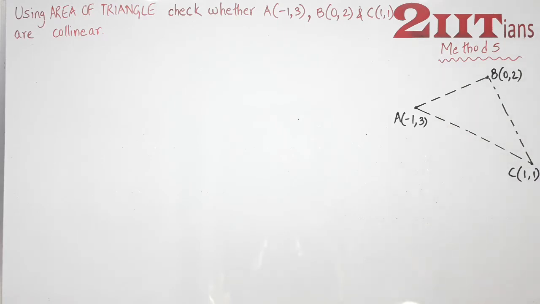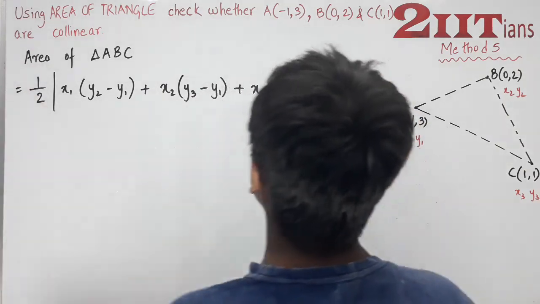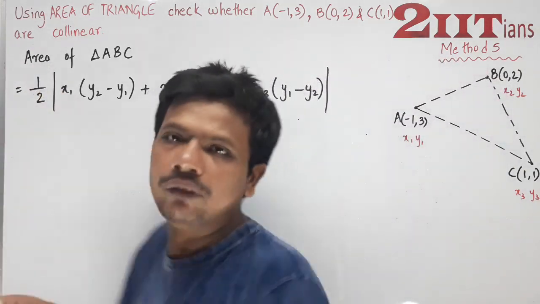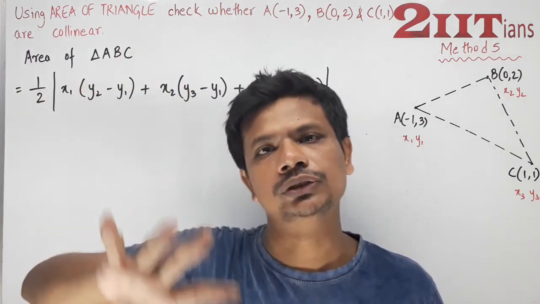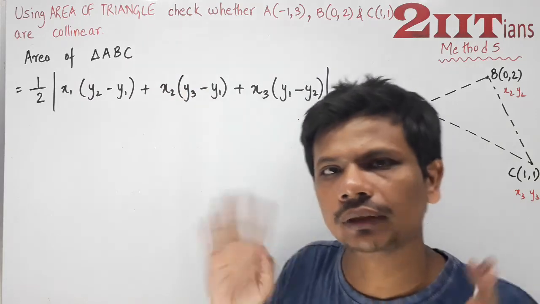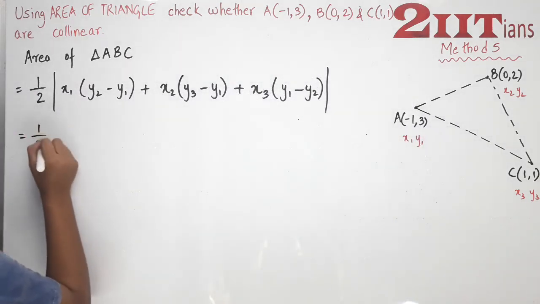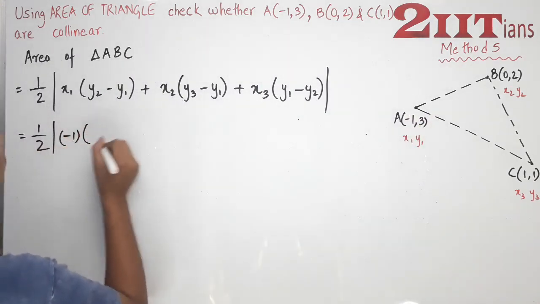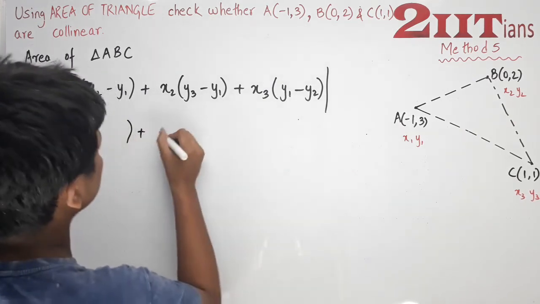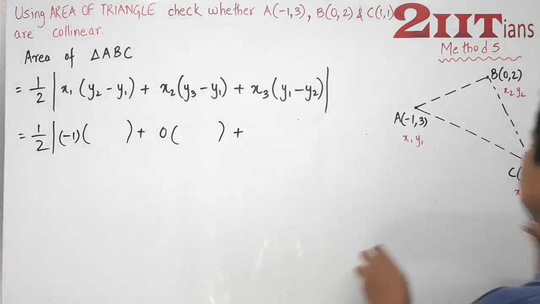Okay, so let me write the large formula. Area of triangle is half modulus of this quantity. Modulus avoids the confusion of positive and negative. All the answers will come either positive or 0. Here we are interested in 0. So x1 is minus 1, x2 is 0, very good, nothing to do here, x3 is 1.